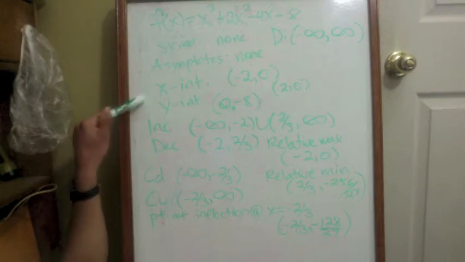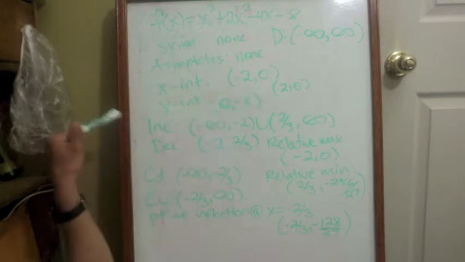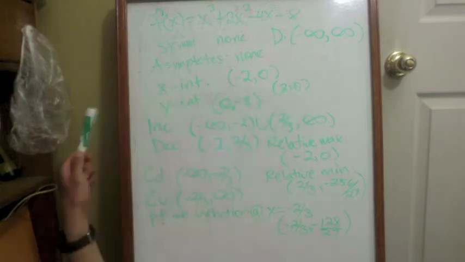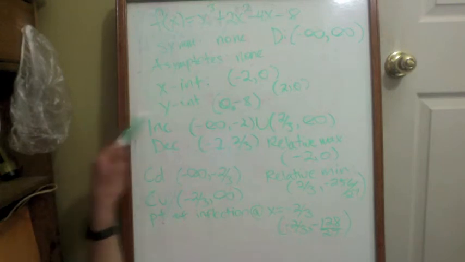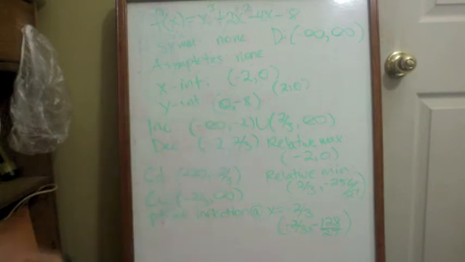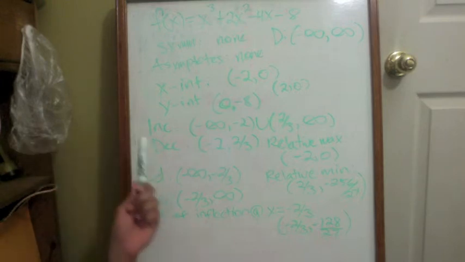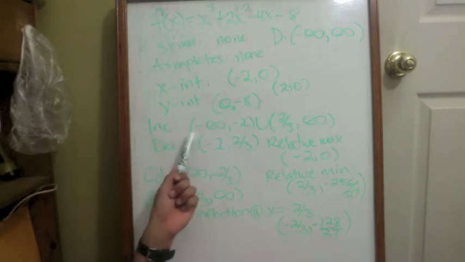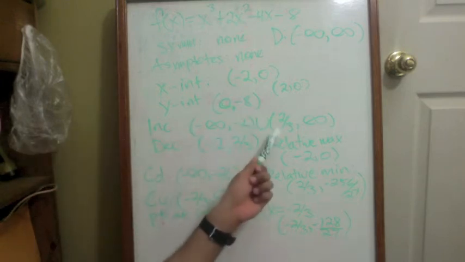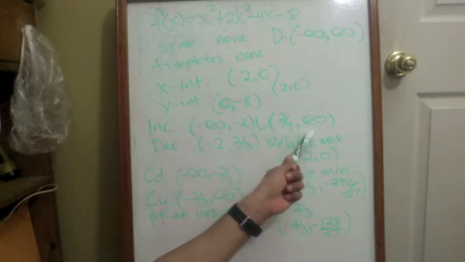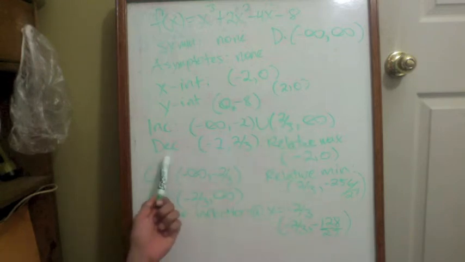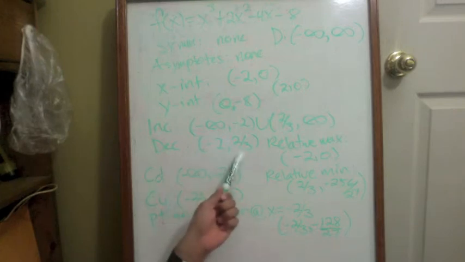We have x-intercepts at (-2, 0) and (2, 0), and a y-intercept at (0, -8). It's increasing from -infinity to -2, and from 2/3 to infinity, and decreasing from -2 to 2/3.